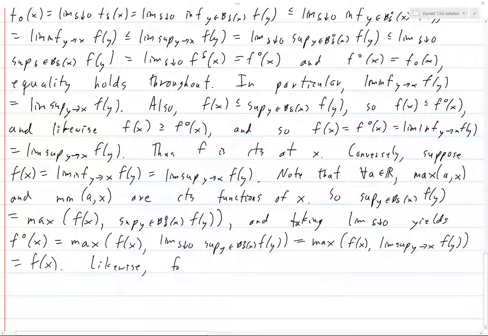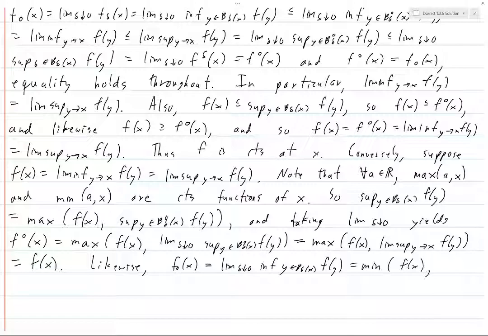Likewise, f lower 0 of x is the limit as delta decreases to 0 of the inf over y in B delta of x of f of y. We know that the infimum over all y in B delta of x of f of y is the minimum of f of x and the infimum over all y in the punctured ball of radius delta centered at x of f of y.